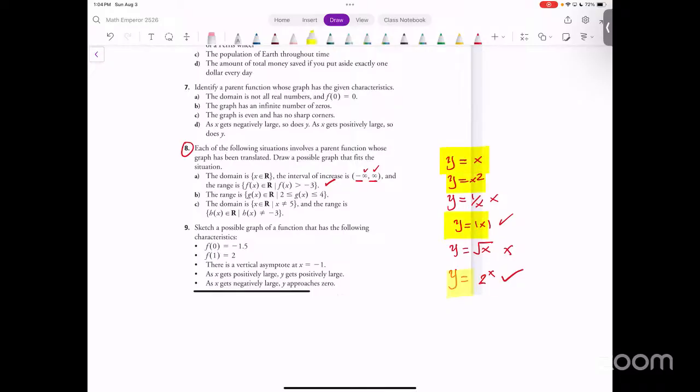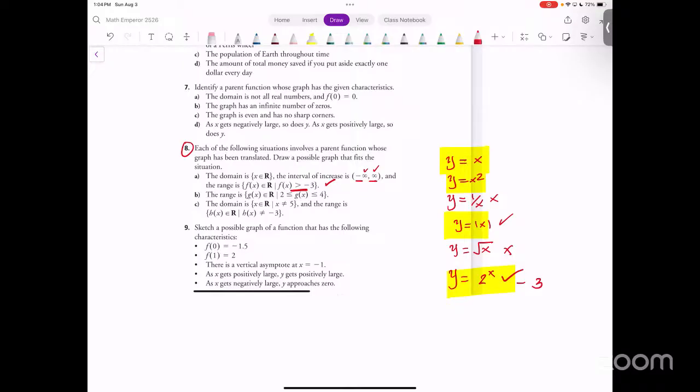Now, you also have the restriction on the range, greater than -3. So now I'm going to ask myself, where do we really put that kind of restriction? Because for a quadratic function, the restriction will also be included. The only place the restriction is not included is if I have a graph like this, isn't it? Because we're going to see that f(x) is greater than -3, and it's not going to be included.